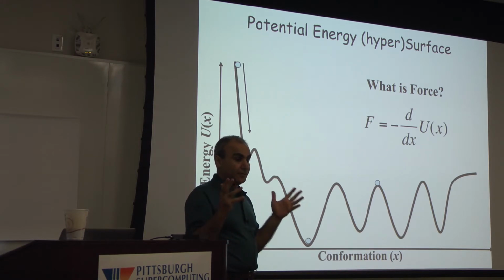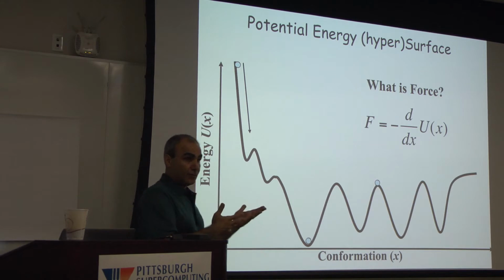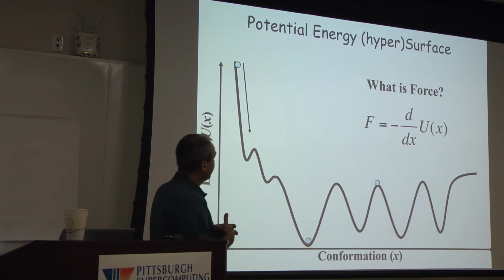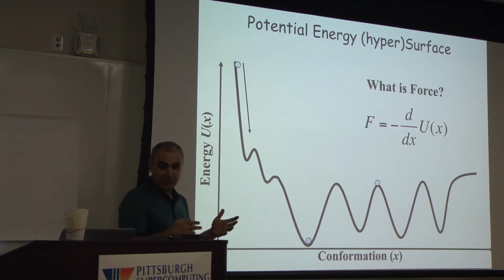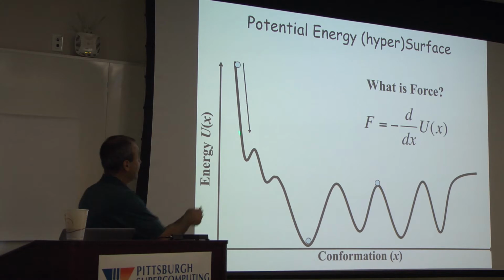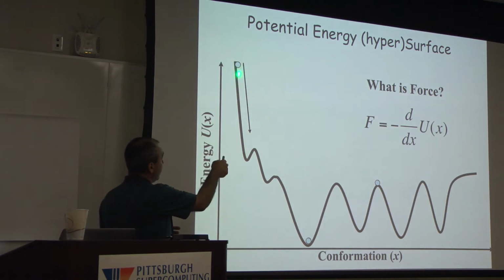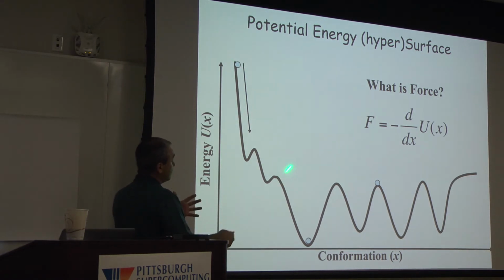So it's not real. You are discretizing this, and that gives you errors. So that's why we try to do it as slowly as we can, but still you might have problematic regions. For example, this is feeling a huge force here. Even in 1 femtosecond, it might move too much according to this force, and it starts to clash into other atoms in the system. So that's why we minimize here.